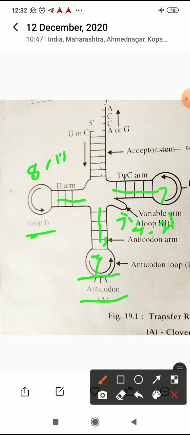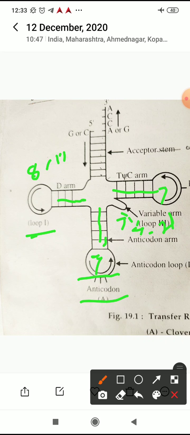In addition, tRNA has some other functions. To carry amino acids from the cytoplasm to the ribosome or protein synthesis site is the first and foremost role of this tRNA. Another, it can recognize specific amino acids present in the cytoplasm. That is also an important thing. It can recognize specific amino acids in the cytoplasm, and recognize codons on mRNA.